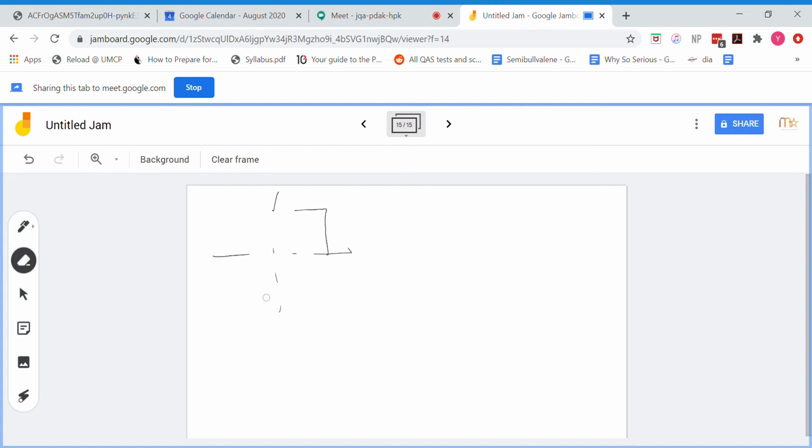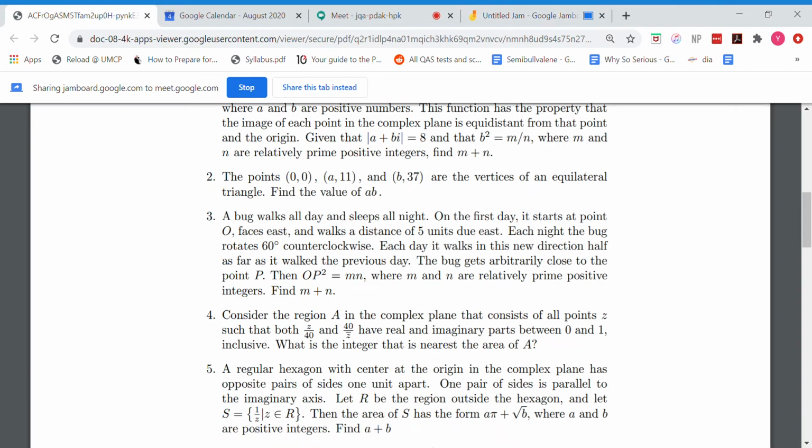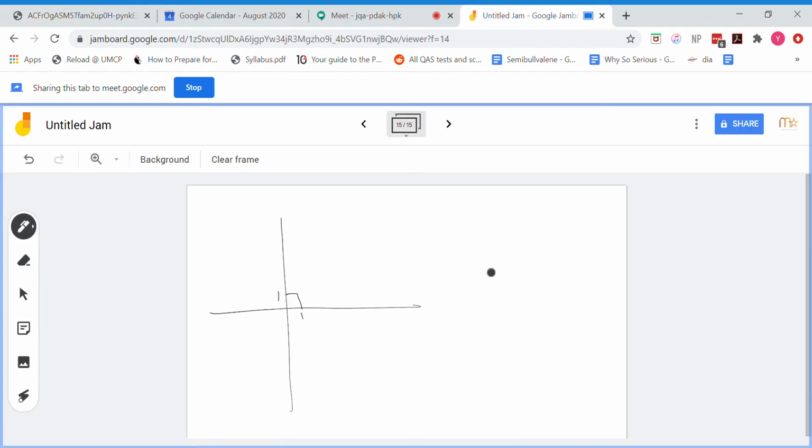Let's try a little bigger. So that corresponds to a square right here, where this is 1 and this is 1, right? So if Z over 40 lies in this square somewhere, that means that Z lies somewhere in this big square of side 40, correct?